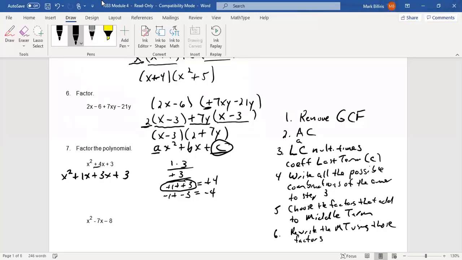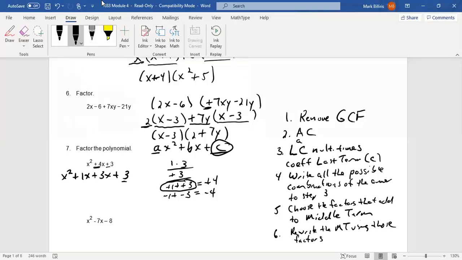Notice my x squared stays the same and my plus 3 stays the same. All I've done is rewritten positive 4x as 1x plus 3x. I chose those because that met the criteria. In other words, positive 1 times positive 3 gives me positive 3, and positive 1 plus 3 gives me the positive 4.